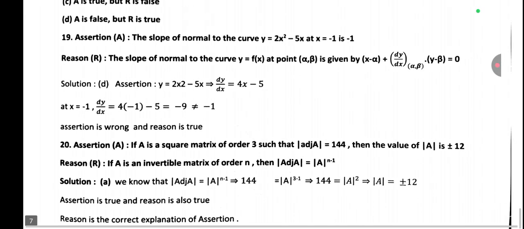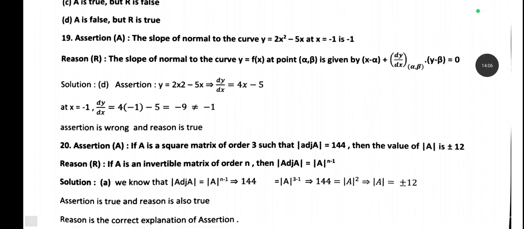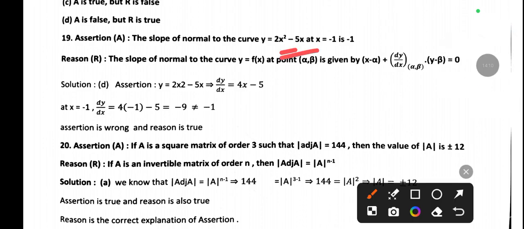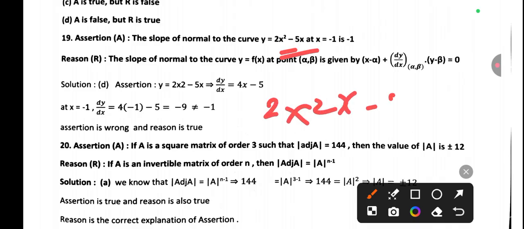Assertion reasoning. 19th question. Slope of the normal. So normal is minus 1 by m, we all know. So differentiate one time. When we do it, the assertion itself is wrong. Because 2 into x square differentiation gives 4x, minus 5.